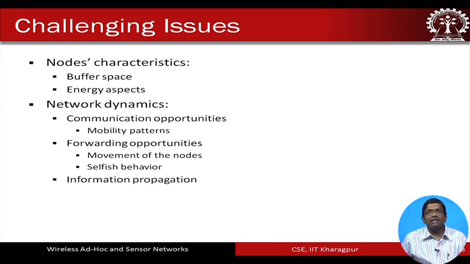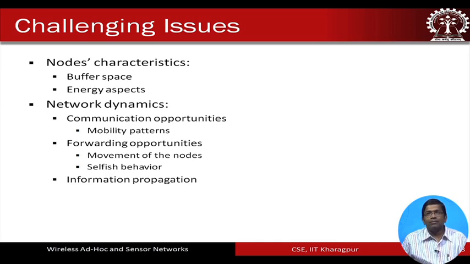There are different challenging issues with respect to the behavior of the nodes and the behavior of the networks. If you look at the nodes in OMNs, they have certain characteristics, for example with respect to buffer space. These nodes not only have to buffer the messages, but they have to buffer them for long durations of time. Consequently, the nodes in OMNs should have a lot of buffer space.